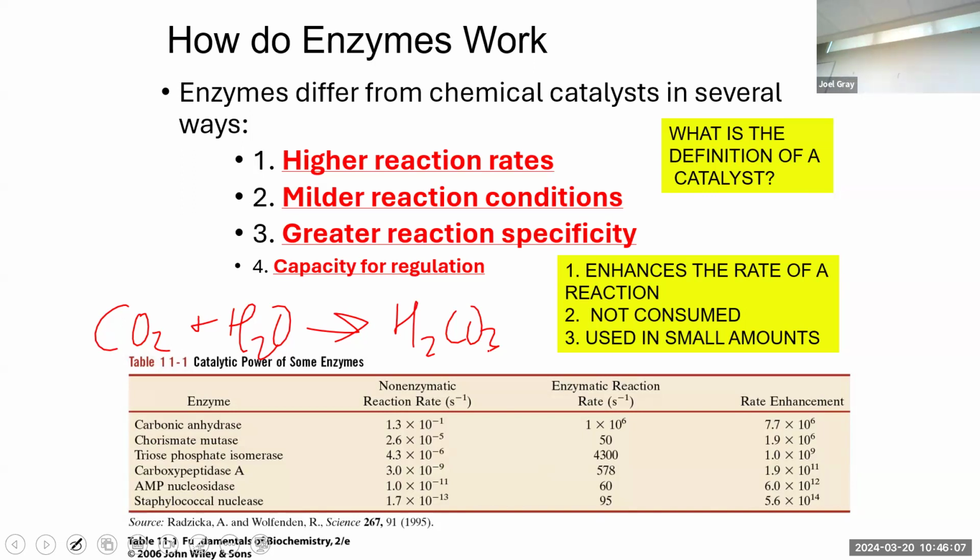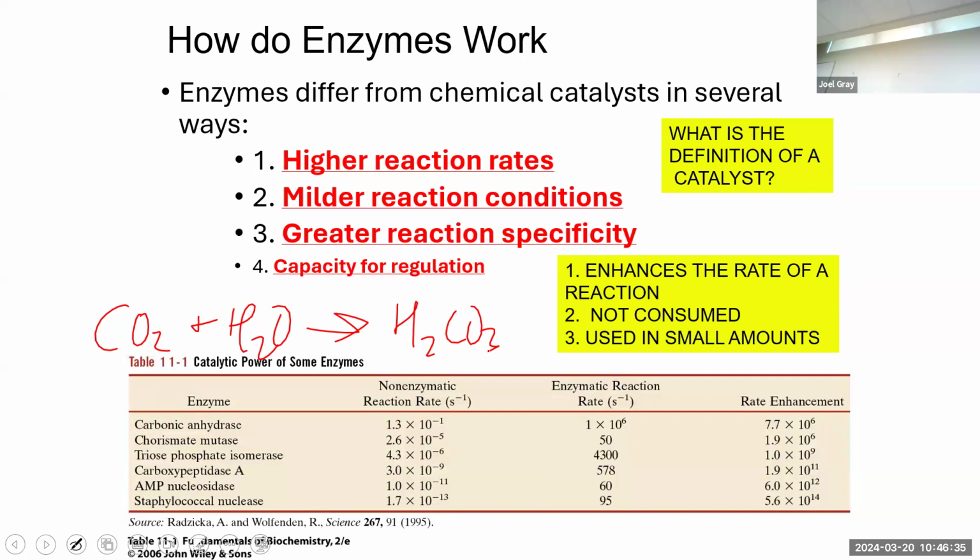And as you can see, the magnitude of that gets all the way up to 5.6 times 10 to the 14th. When we have staphylococcal nuclease, that's an enzyme from a bacterium known as Staphylococcus. That's a genus.